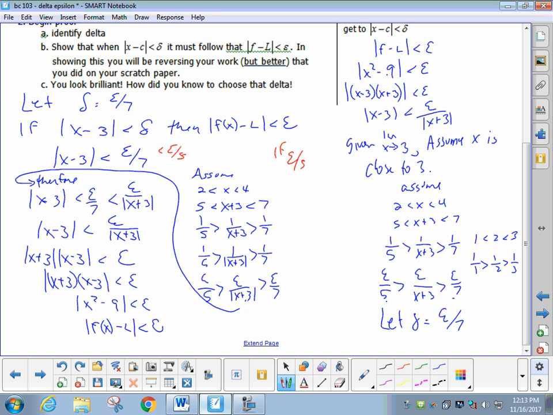Where do you go from there? x minus 3 is less than epsilon over 5, but that's not necessarily less than epsilon over 7, it could be, but it might not be. It's like if I said two numbers are both less than 7, how do they compare? I don't know. By using epsilon over 5, you're finding two things that are less than something, and you've got to know where to go with that. It's only by using epsilon over 7 that you can say A is less than B is less than C, so A is less than C. That's a great question.